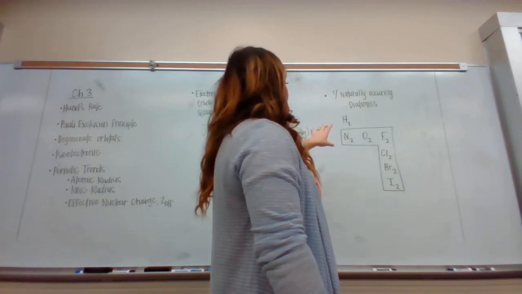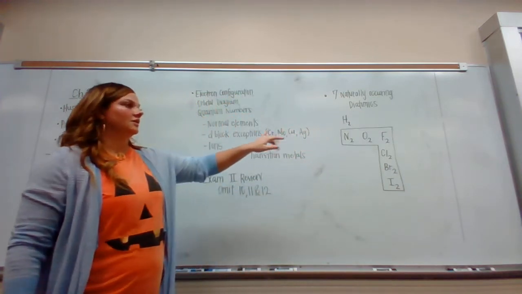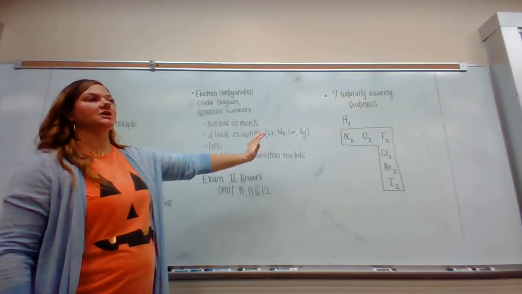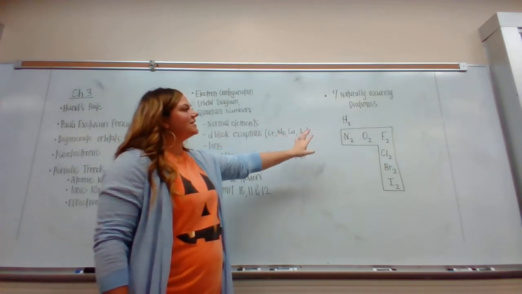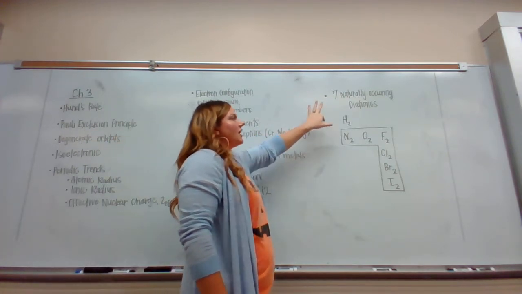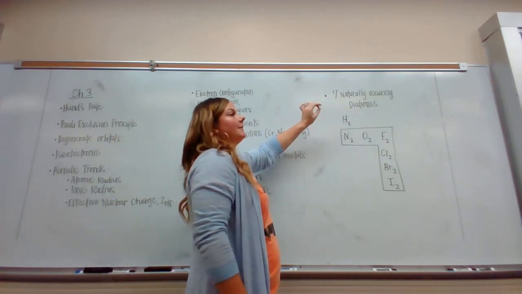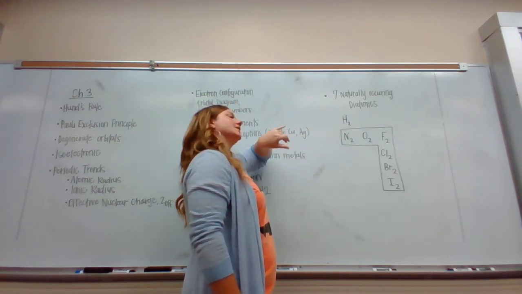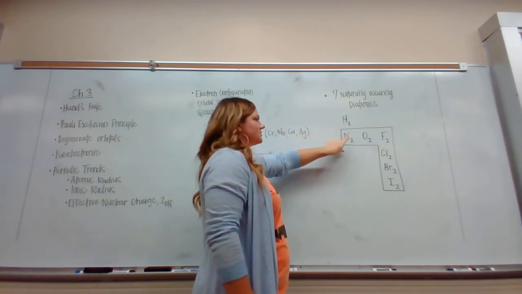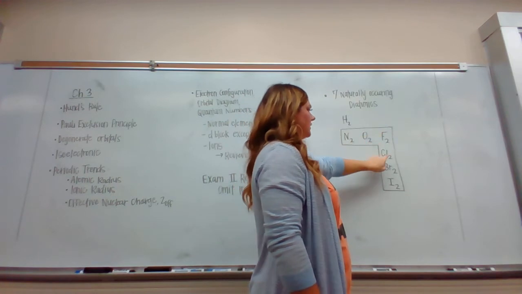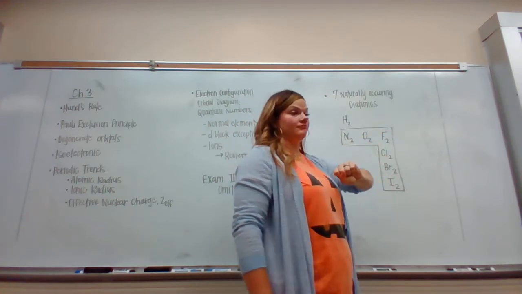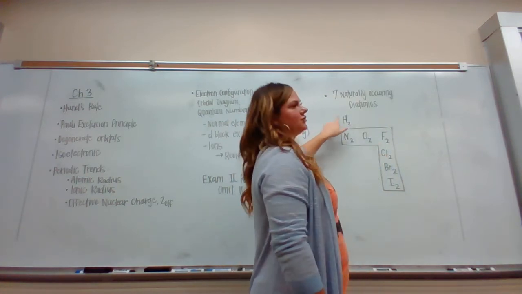Alright, so I drew them in a specific arrangement. 6 of the 7 make a 7 on the periodic table. It's nitrogen, oxygen, fluorine, chlorine, bromine, and iodine. Okay, and then hydrogen.